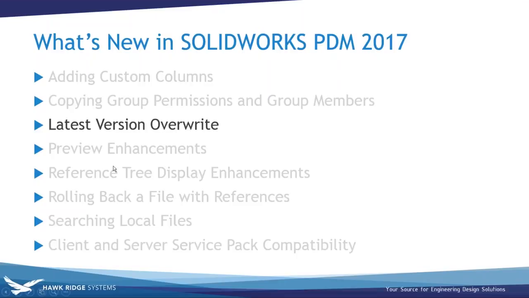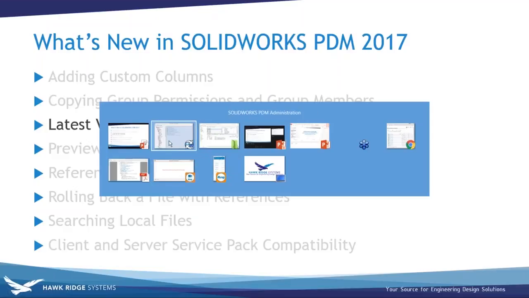This latest version overwrite allows you to overwrite the previous version. Let's say you're working with version 7, and instead of checking in and creating a version 8, you keep overwriting version 7 until you're ready to commit that to the database. So maybe a week's worth of work is stored as version 8 rather than versions 8, 9, 10, 11, 12 all the way through the week. So that's a new feature that's available as well.